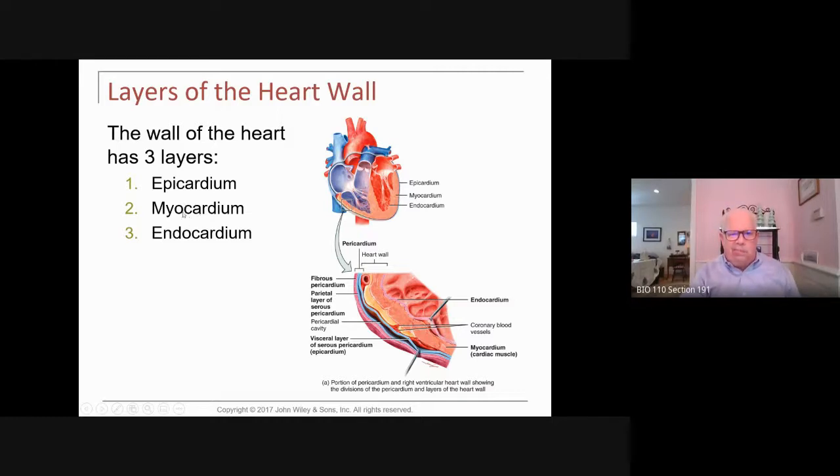Myo means muscle, so this is the heart muscle itself. The inner layer is the endocardium. The endocardium is what touches the blood. So anything inside that touches the blood is made from endocardium. The heart valves, which touch the blood, are made from endocardium.